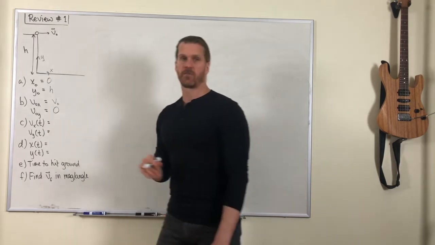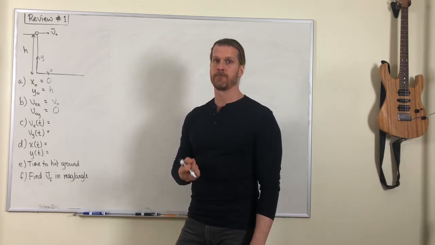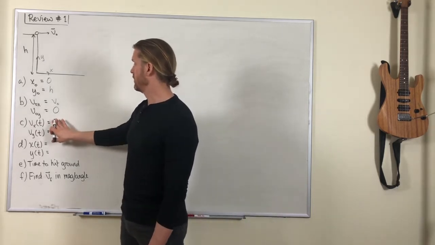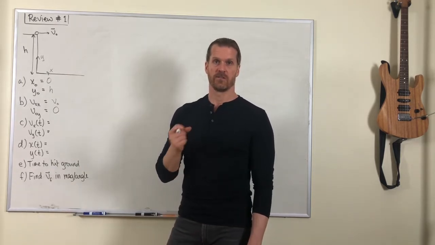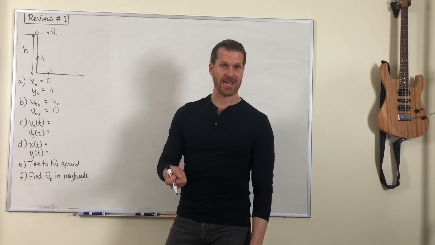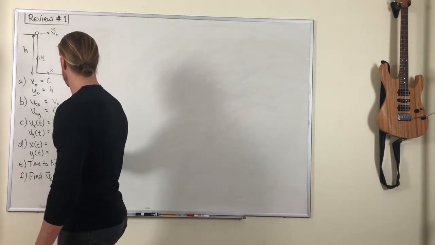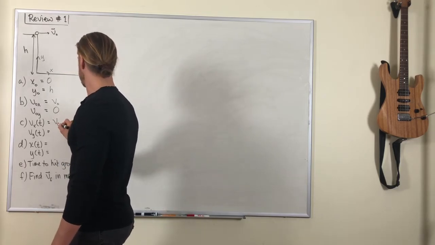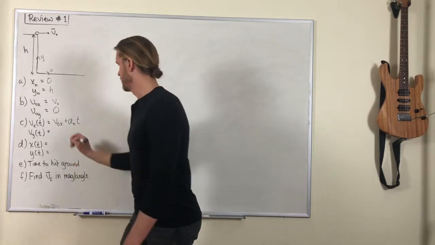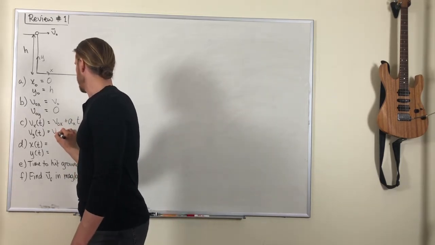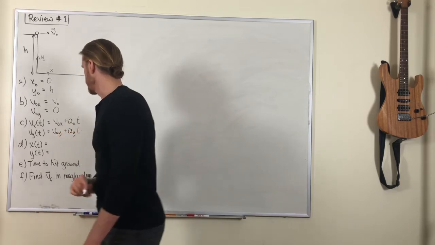Now we want an expression for the components of the velocity as a function of time. And this comes from the first kinematic equation, v final equals v initial plus at. So we can plug in that expression for each of these in the x and y directions.